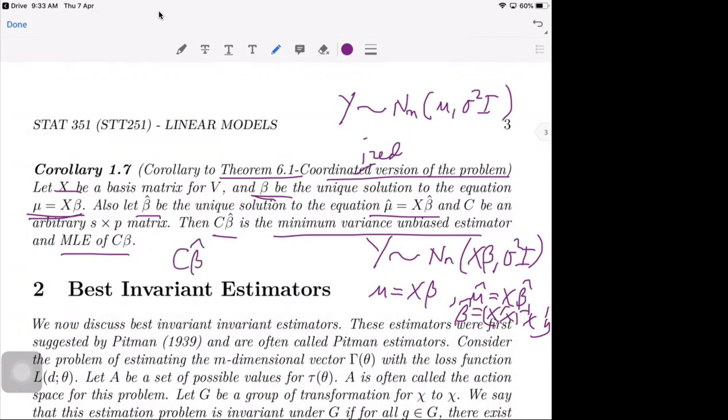So C beta hat is MVUE and MLE for C beta. Okay, so the result of this just follows from the previous result when we solved it in the projection approach, no?